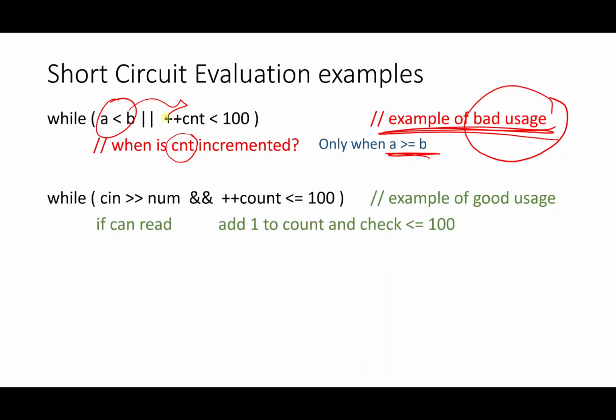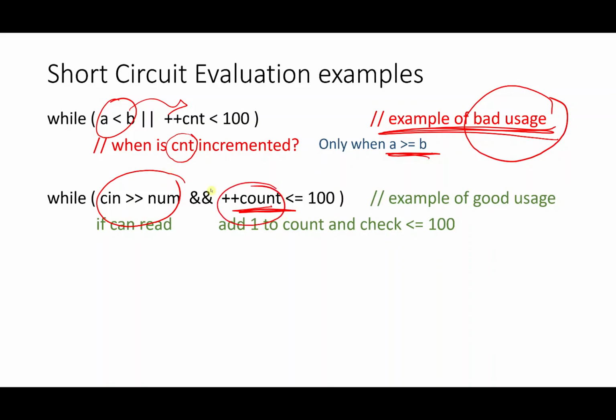Let's take a look at a good usage of the short circuit evaluation. You would say, only if I can read something from the user, only if I read something from the user, I would increment the count, right? So I would say if I can read something from the user, you would use the cin to take an input. If the user gives you an input, not a corrupted input, then you increment the count.